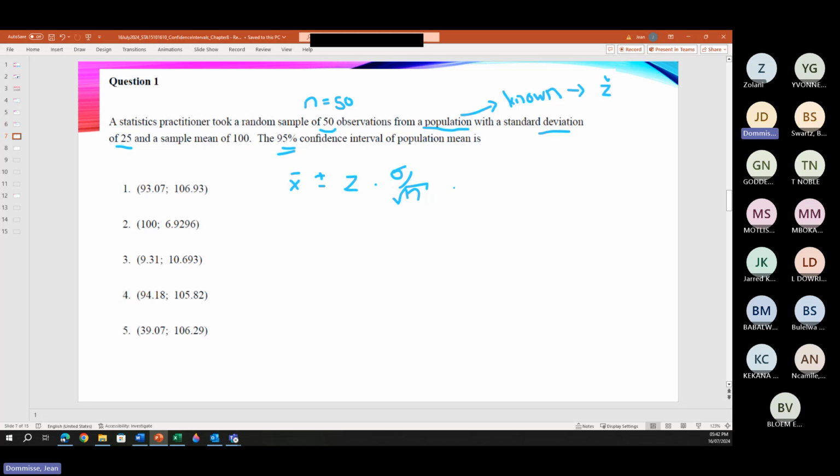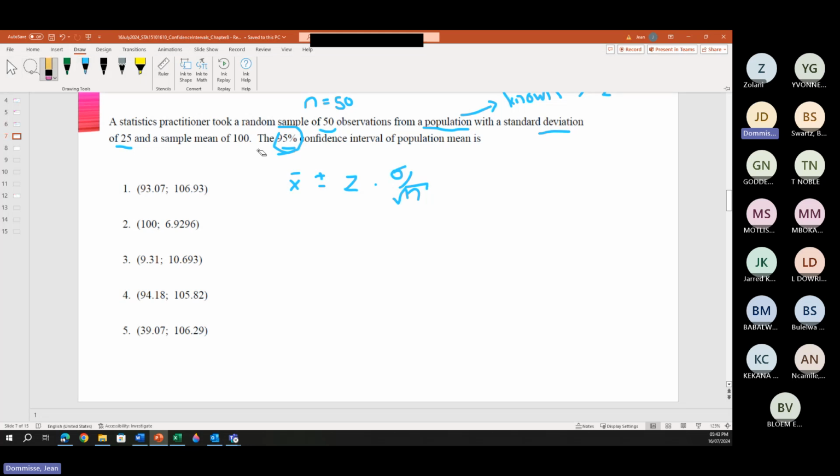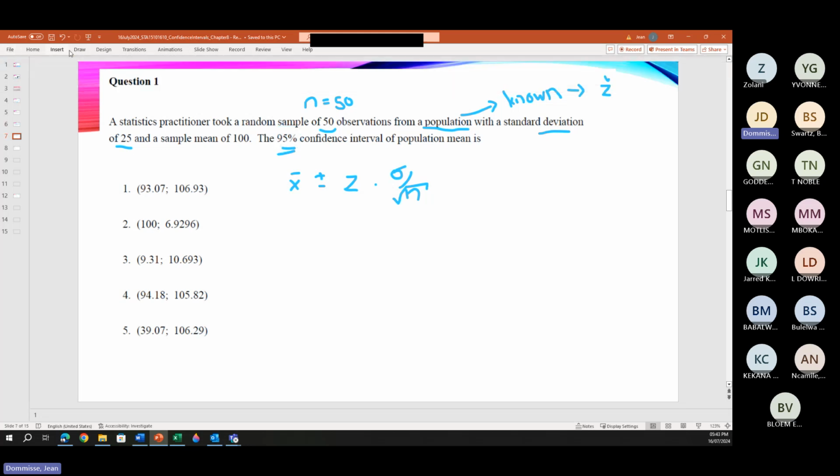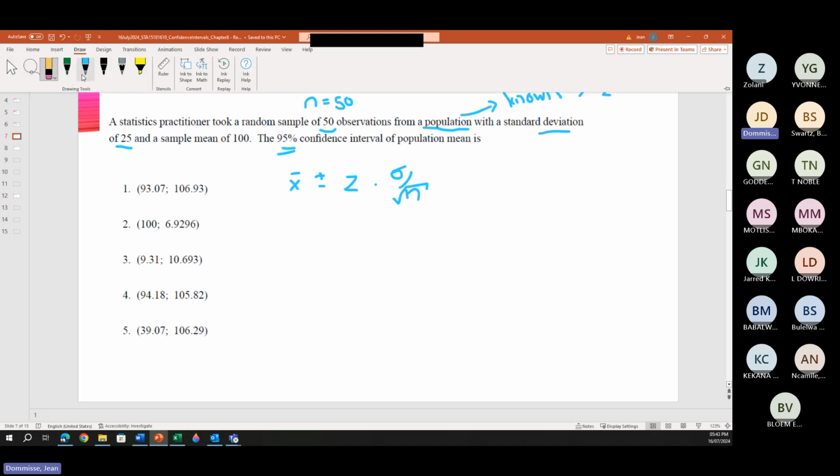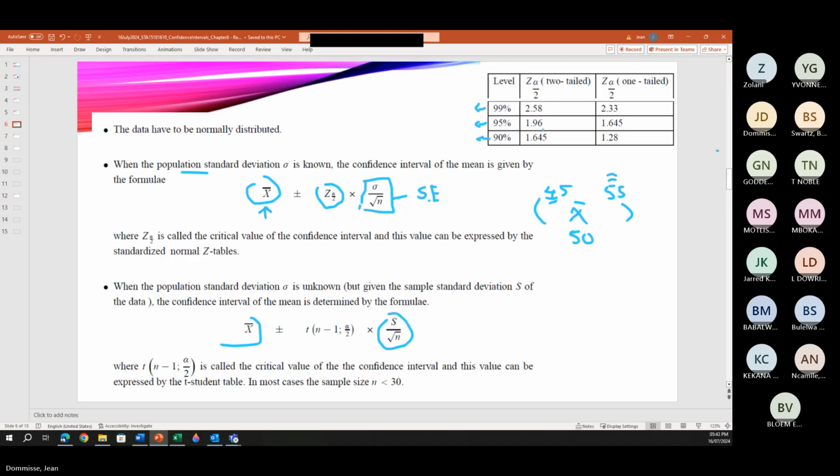Before I even go to the mean and the other things, let's look at the Z. Now that we know it is a Z, they tell me we're working with a 95% confidence interval. So if we're working with 95, the 95 level tells me that your Z is 1,96.